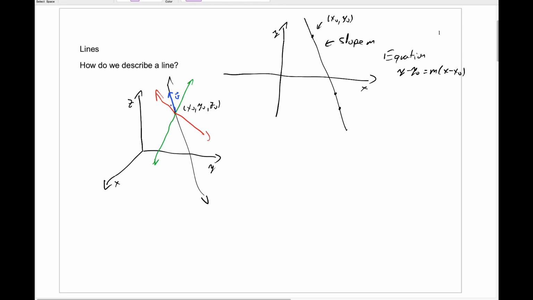And when I say lies entirely in the line, that means if you place the beginning point of the vector on the line, then the end point, the tip of the vector, will also be on the line. So that means this entire arrow or vector lies in the line. That should now specify exactly what line you're talking about. So we get this idea that a line can be specified by a single point along with a vector.